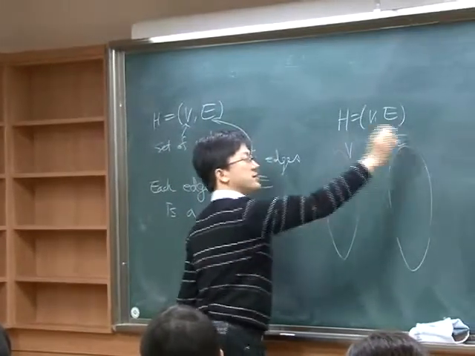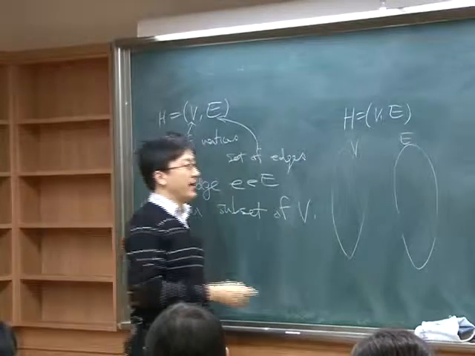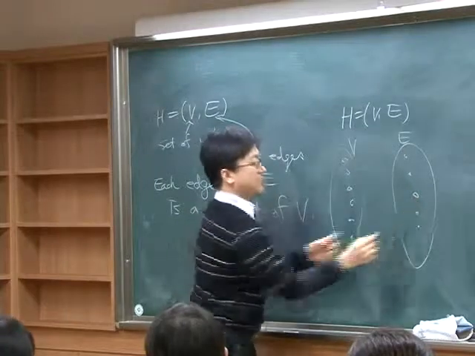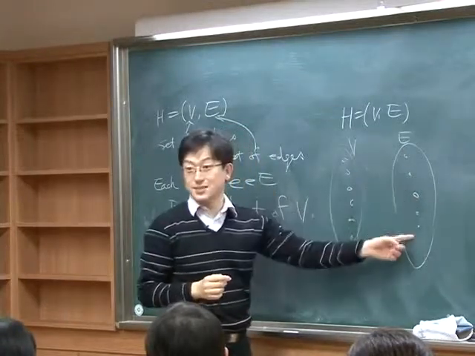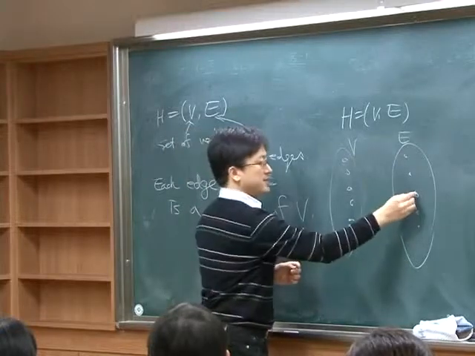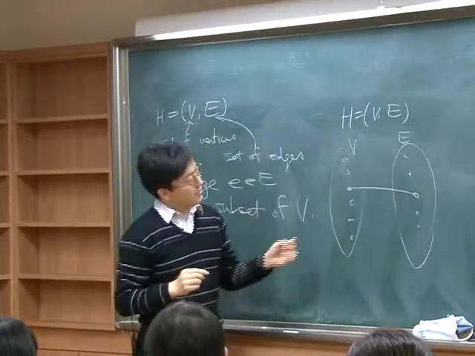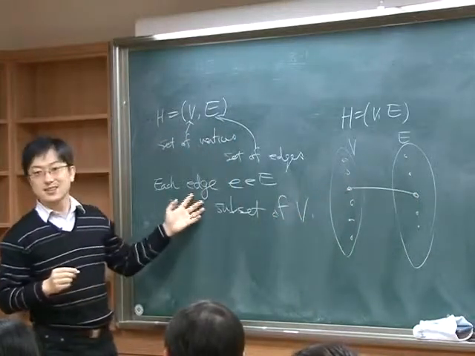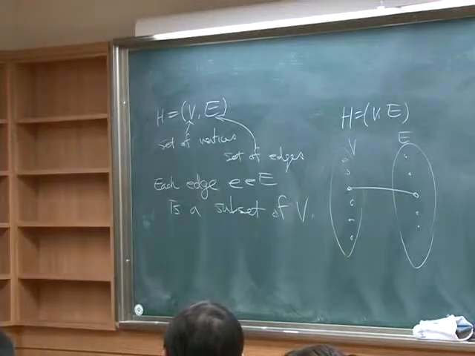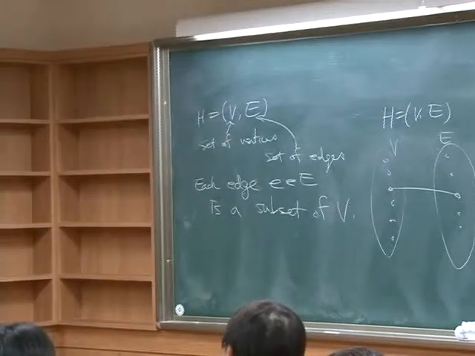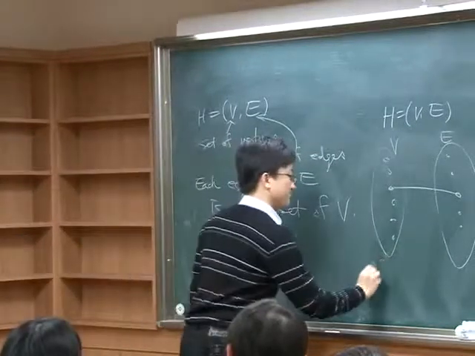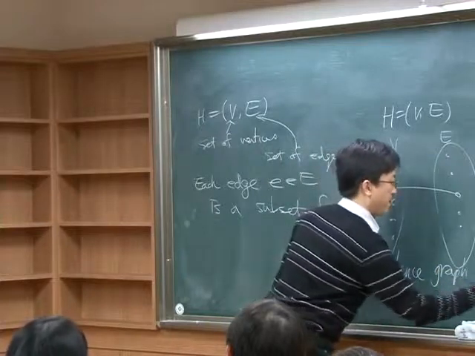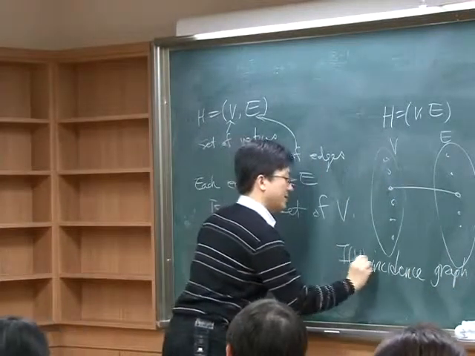One side is V, the other side is E. For each edge of the hypergraph, you put a vertex. And an edge is adjacent to a vertex if this edge contains that vertex. This is called the incidence graph of H. Let's write it I(H).